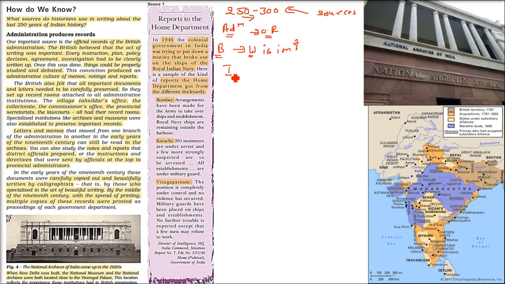So any instruction, nirdesh, any plan, yojana, any policy decision, any agreement between two parties or multiple parties, or if someone has done something wrong, any investigation going on, all these instructions, plans, policy decisions, agreements and investigations have to be clearly written down, penned down, likho, right. That was the firm belief of the Britishers.